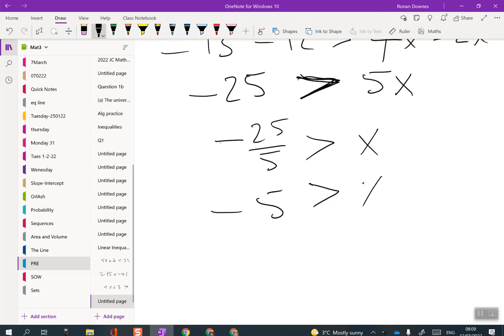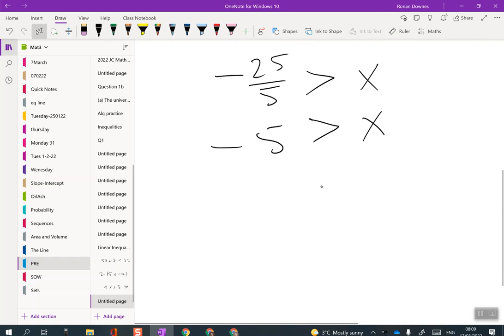Now before we go plotting, before we go to this with a tick, we've got to recognize this is the wrong direction. So we'll bring the minus 5 over here. If you find visual thinking difficult, just make sure you've got that open jaw facing the minus 5.